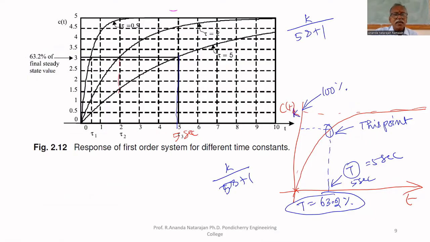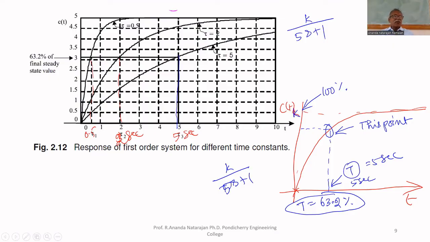Some other system may rise quickly to the final value. For that system, the time taken is 3 seconds, 2 seconds. Some other system reaches the final value even more quickly, in only 0.5 seconds to reach 63.2% of final value.